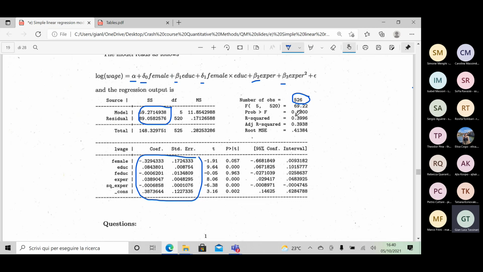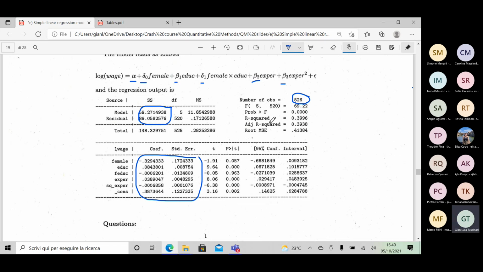The p-value is the probability that an F of Fisher with 5 and 520 degrees of freedom will assume a value bigger than this one, and it is essentially 0.0000. So what can we say? We can say that our regression is significant. So we reject H0 in favor of H1.